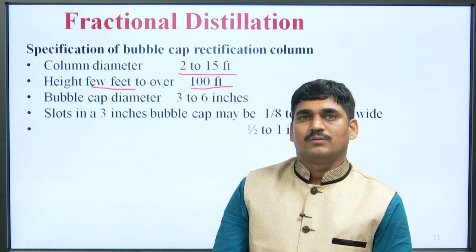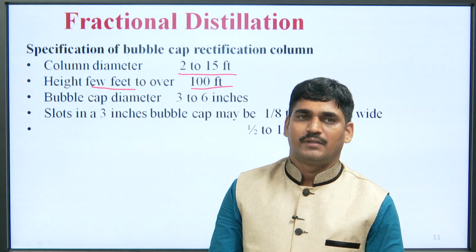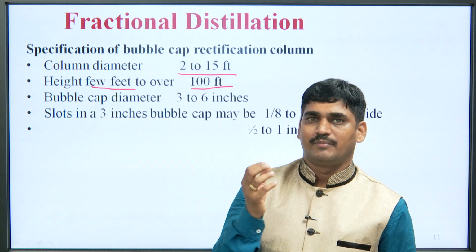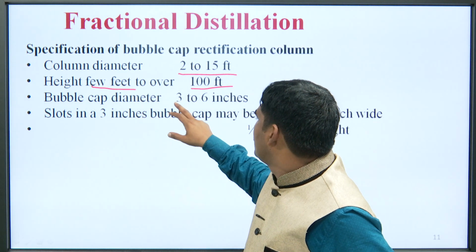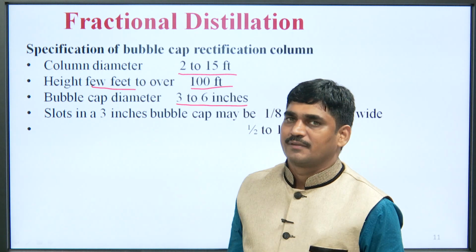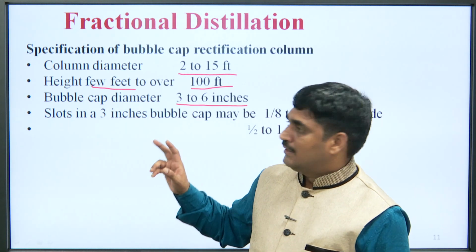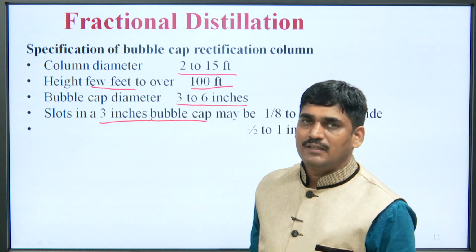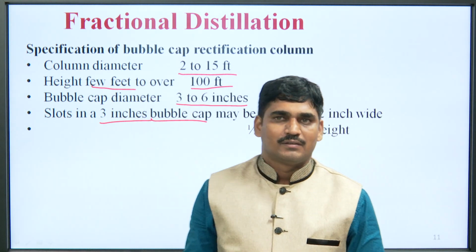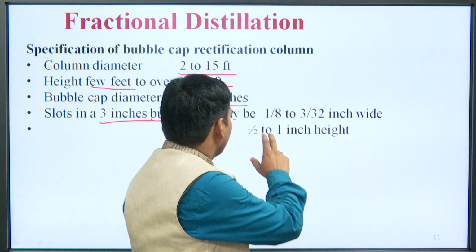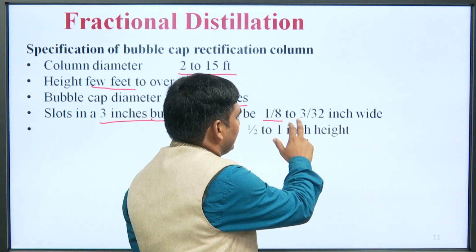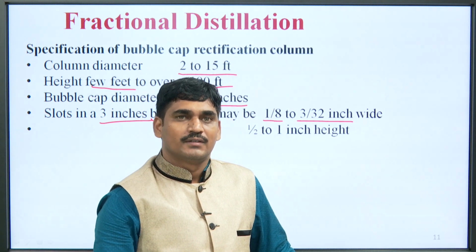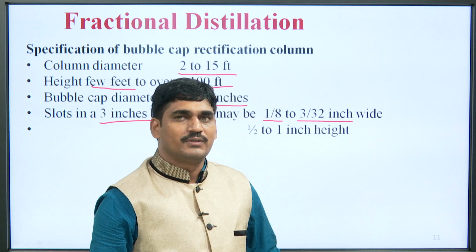Now, the cap diameter of a bubble cap is around 3 to 6 inches, and in a 3-inch bubble cap the slots are 1/8 to 3/32 inch wide.